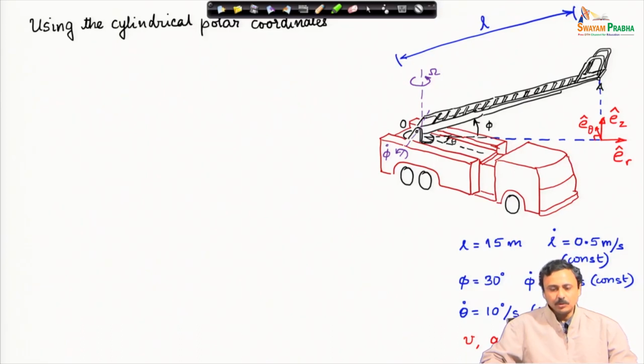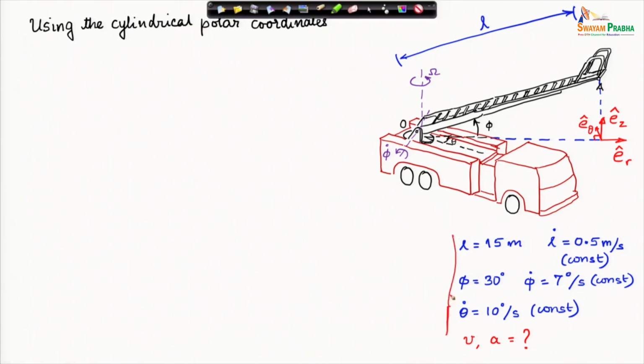Okay. I will use the cylindrical polar coordinates. Here I have mentioned all the data that is provided in the problem. L is the length OA, I am expressing it by L. Now, the position of point A is L cos phi e_r.